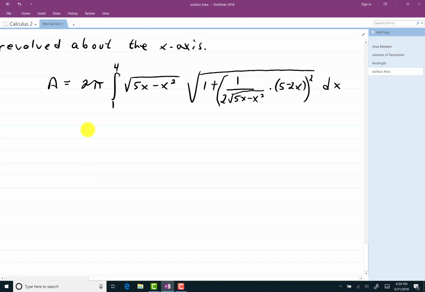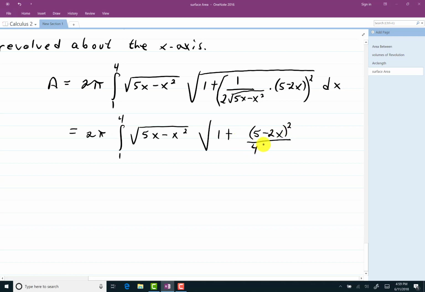Let me do a little simplifying. Let's see, I'm going to get 5 minus 2x, that quantity will be squared. The denominator is easy enough. I'll get 4 times 5x minus x squared.